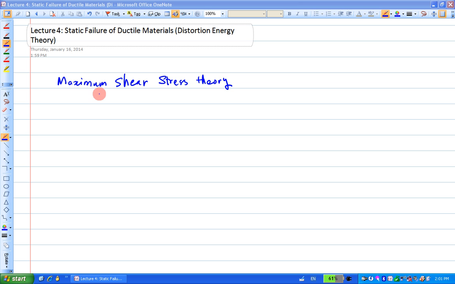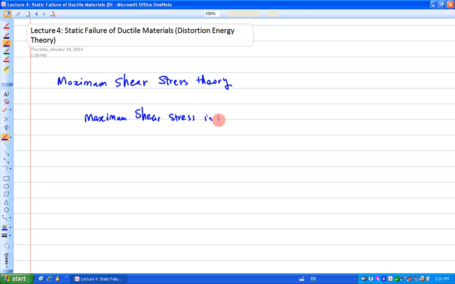The theory basically says what you compare is the maximum shear stress in the part. We use tau max for that indication, and then we compare this value with the shear strength.